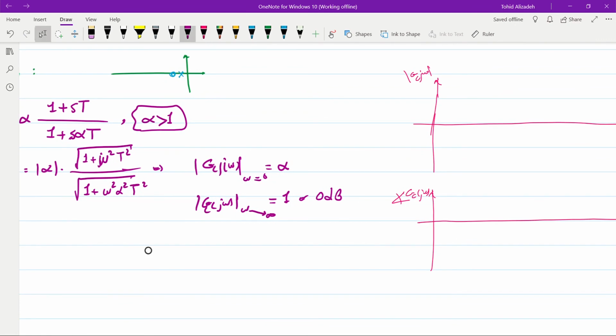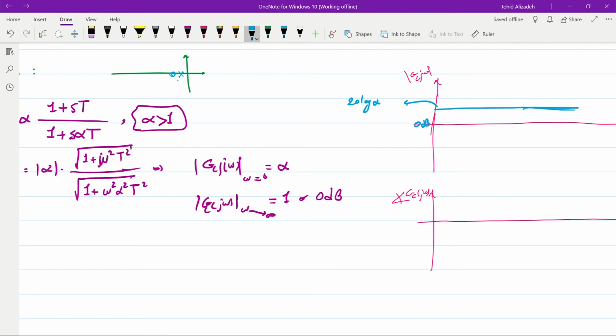For the amplitude, we have the first one as alpha. So this will be the constant value which comes from alpha, 20 logarithm of alpha, and we know that alpha is bigger than 1. So this will be on the positive side in terms of the decibel.